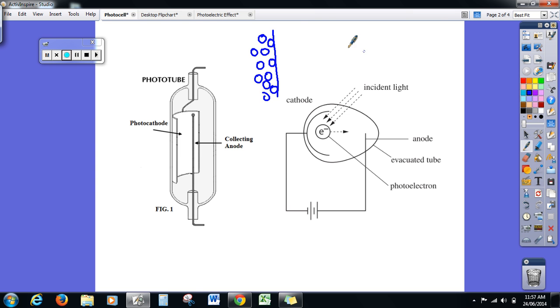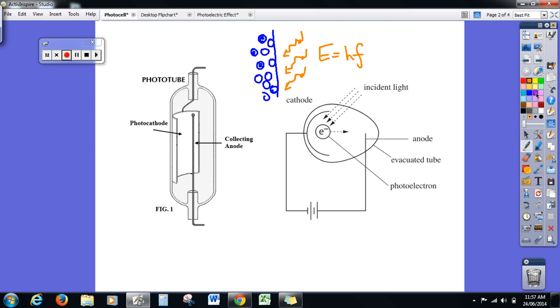We'll put some little e's around. And if we have incident light, so let's say we have light coming in here, this light is in the form of a photon. Photons are both particles and waves, and these photons have energy E equals hf.